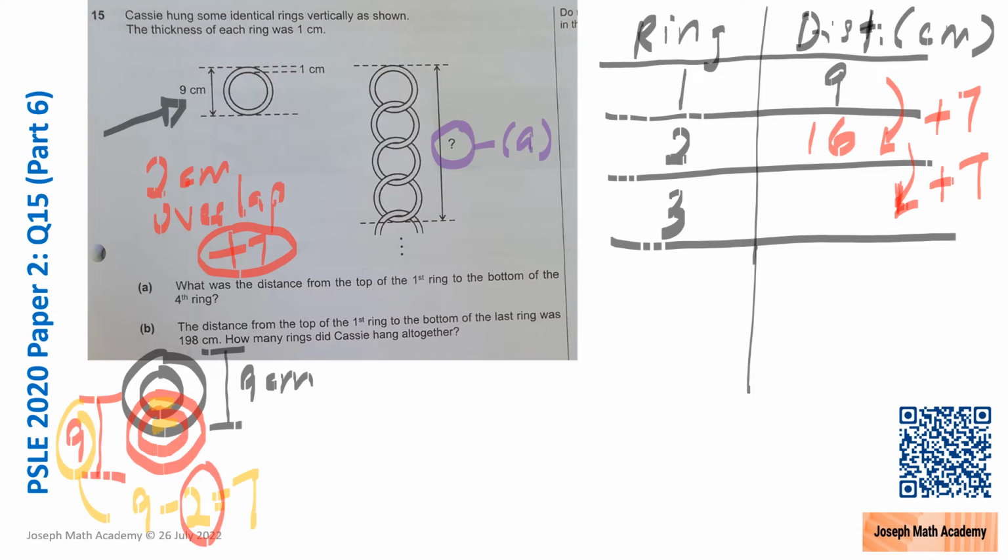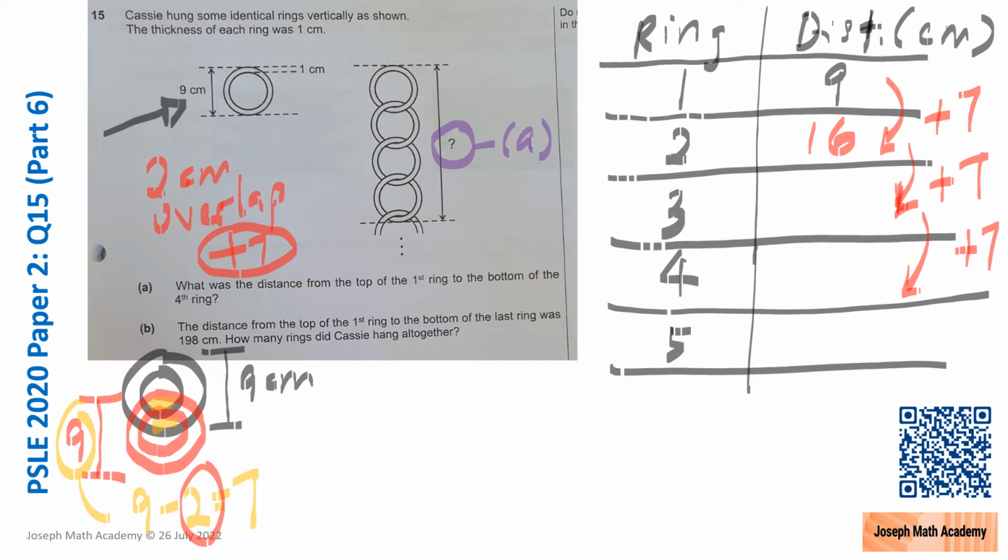It's a repeated addition of 7 cm. So 7 cm, in fact, is the common difference. Every time we have to add 7.